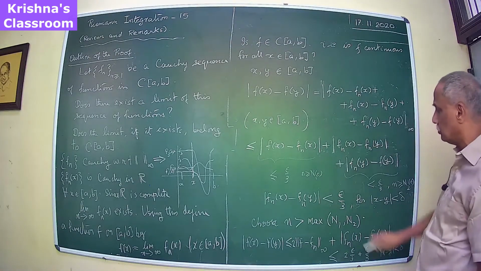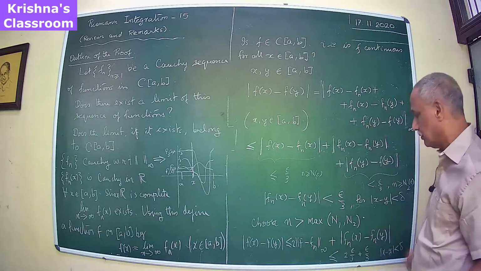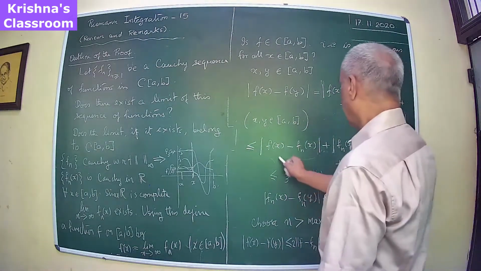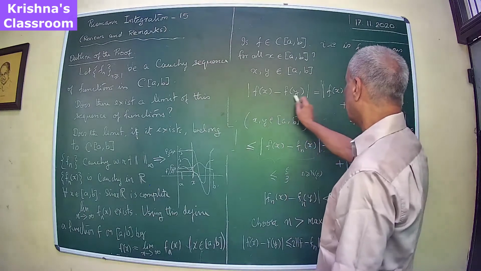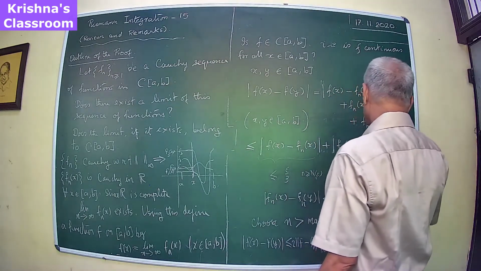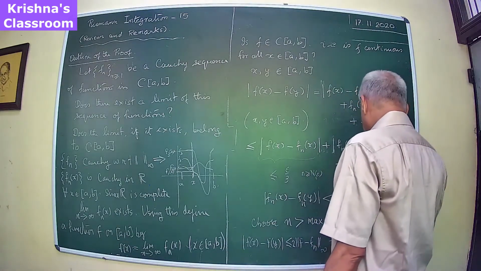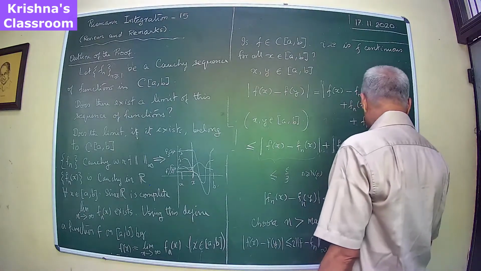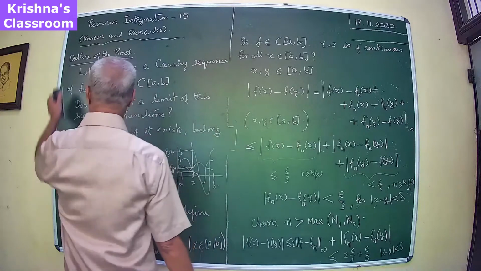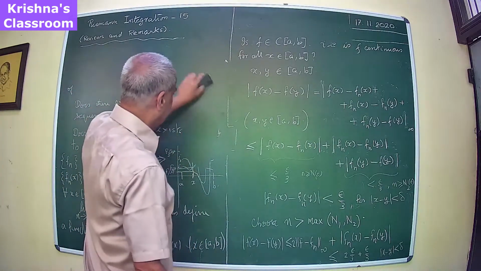So what you do is you choose your n. Once you choose your n, then this can be worked out. Okay. So then you get mod fx minus fy is less than or equal to epsilon provided mod x minus y is less than delta. Therefore, f is continuous. Okay, so you write the details of the proof.